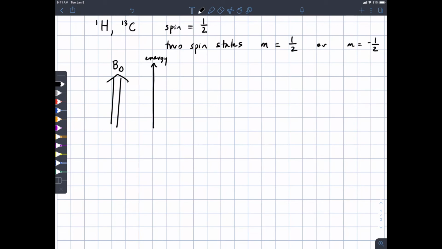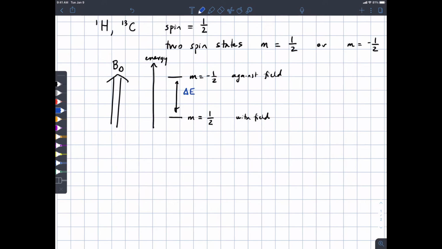Being lined up with the field, the M equals 1/2 state, is lower in energy than being aligned against the field. That energy difference is something we can measure and exploit.